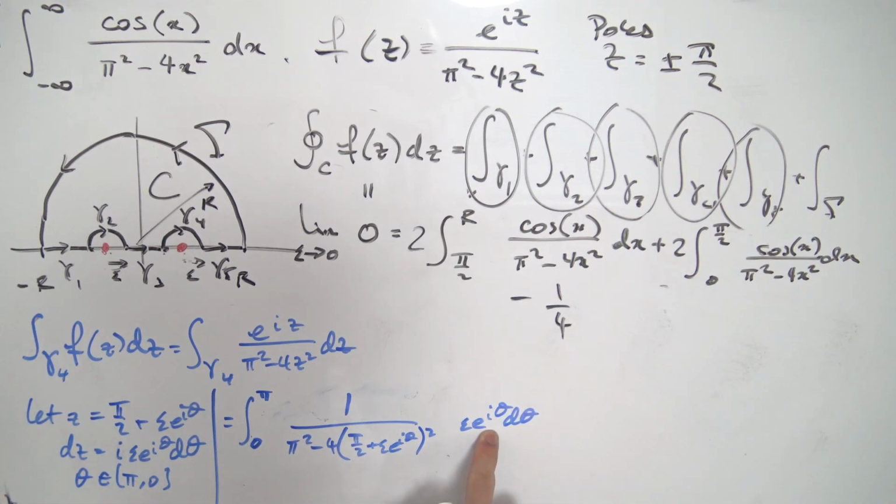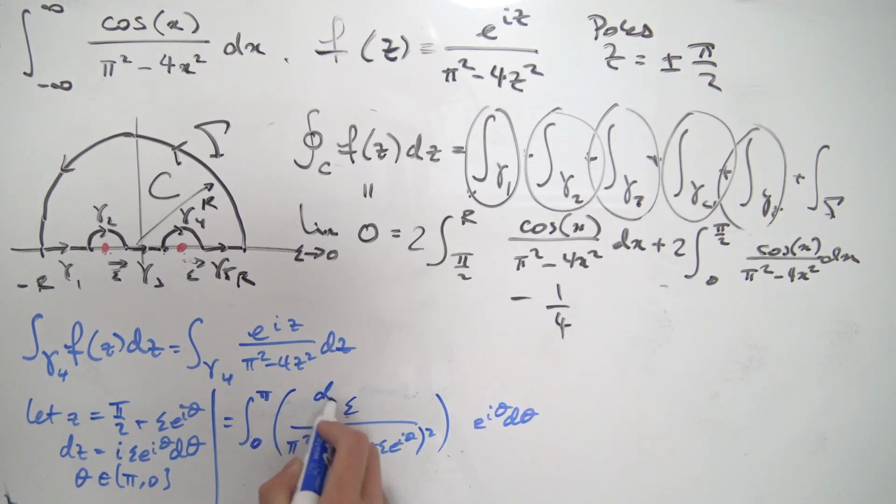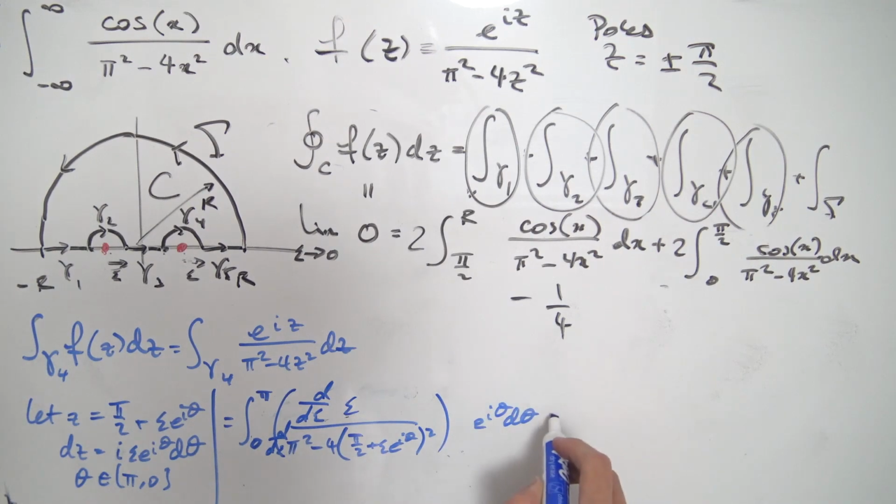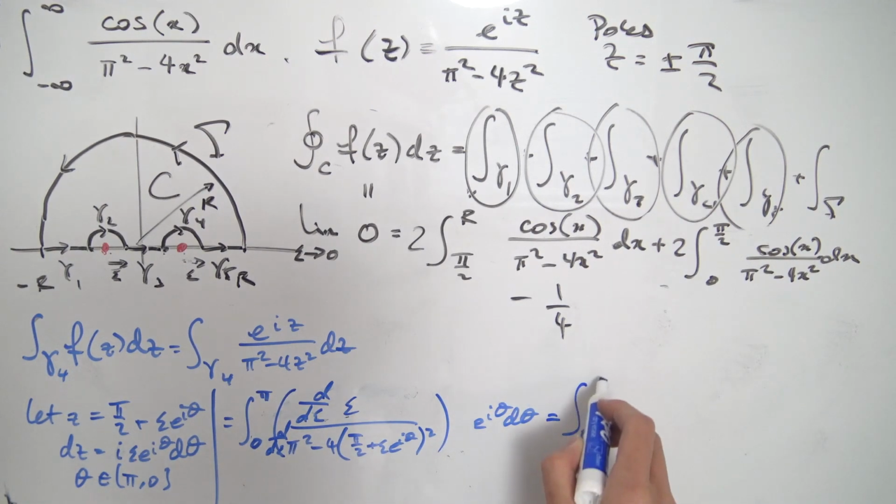Okay, now we can get rid of that. Now this e to the i theta, that's just going to stay as it is, but now we're just going to move this epsilon up here and take a look at this part right here. If we take the limit as our epsilon approaches 0, again you can check for yourself, you're going to get a 0 divided by 0 situation. So we're just going to differentiate with respect to epsilon on the top and the bottom, just using some L'Hopital. And what we should get is the integral from 0 to pi.